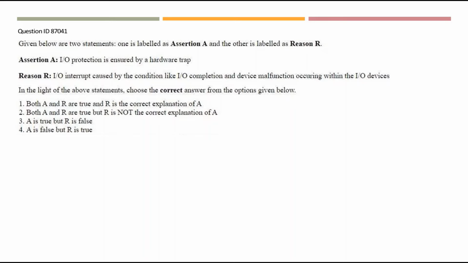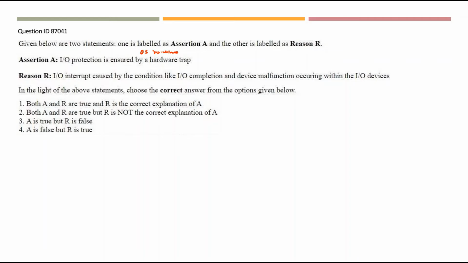Normal user programs are prevented from handling IO directly by IO instructions. It means the user programs don't give IO instructions directly. Then who takes care of it? System calls take care of it. In other terms, IO protection is ensured by OS routines, operating system calls.